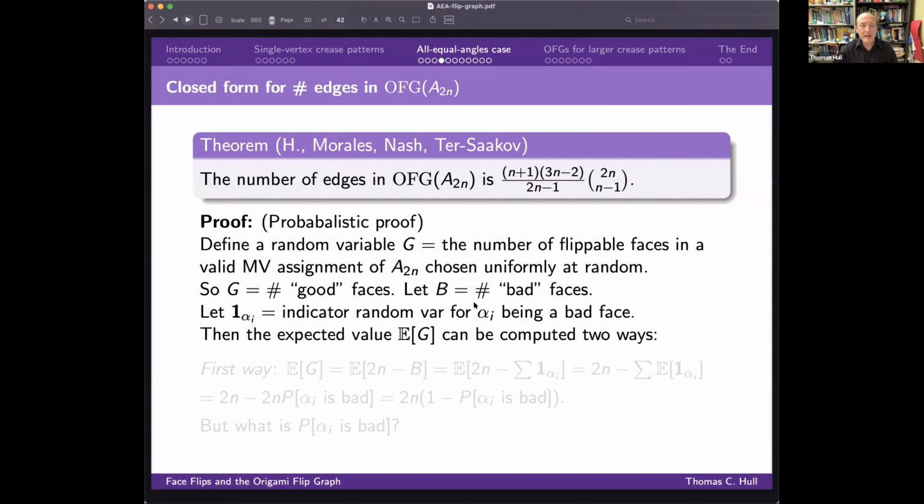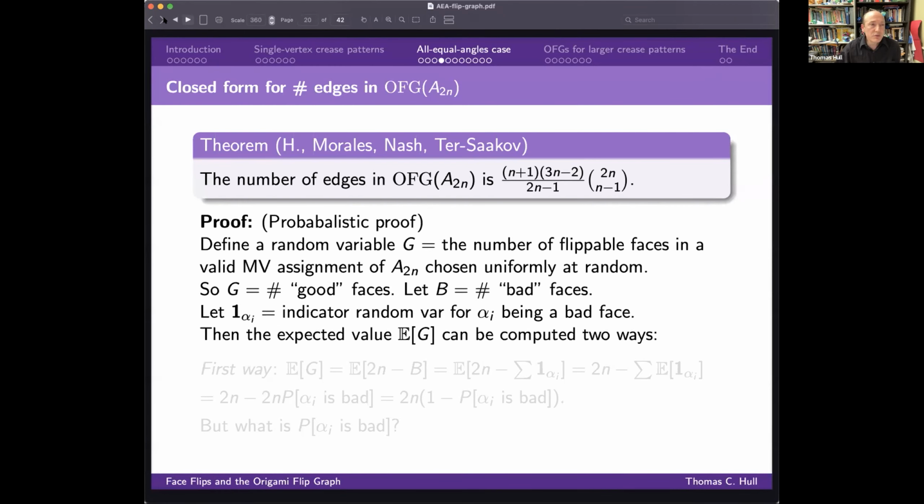So this will be 1 if alpha I is a bad face, and 0 if alpha I is a good face. Then our goal is to compute the expected value of this random variable G, the number of good faces. We're going to compute this in 2 ways.